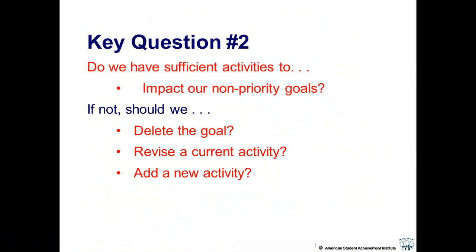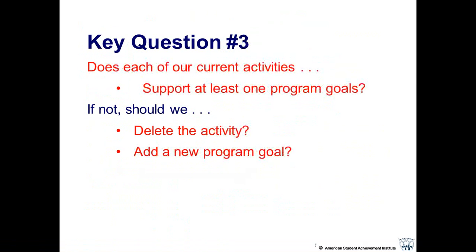Question 2 is the same question, but this time instead of looking at our priority goals, we're going to look at our non-priority goals. Do we have the right activities to impact the non-priority goals? And again, if not, do we need to get rid of one of the goals, or do we need to revise our current activities, make them more robust, more frequent, with a broader range of students, or do we need to add new activities?